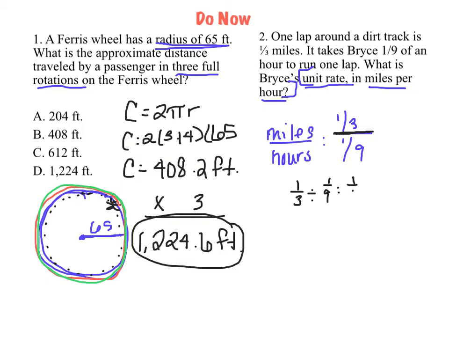To divide fractions, I keep, change to multiplication, flip, multiply straight across, we get 9/3, and 9 divided by 3 is just 3. So he runs 3 miles per hour.